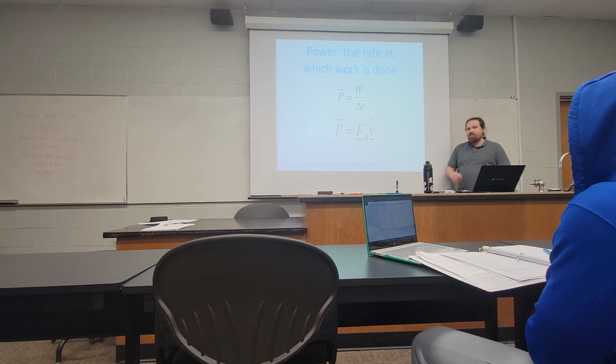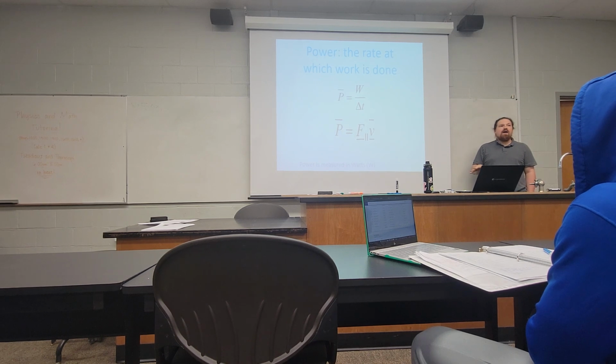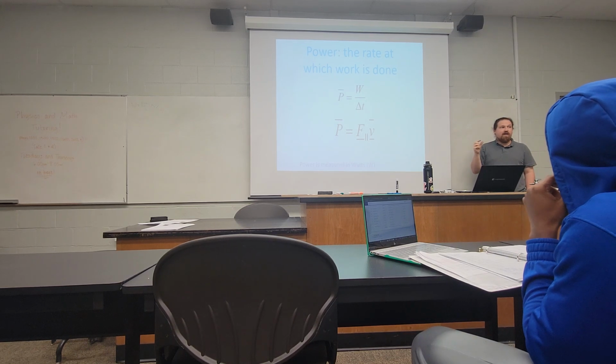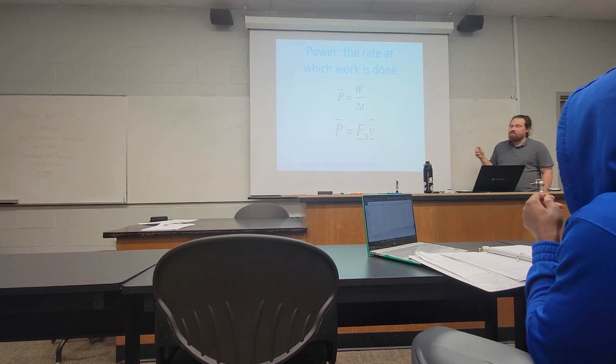So there's a couple of different ways to think about power. It's the rate at which work is done. It can also be thought of as energy cost per second. So the higher power rating something has, the more it's able to accomplish per second, but it also drains more energy per second. High power actions and high power appliances drain energy very fast, which is why you want low wattage light bulbs. They do not drain energy very fast.